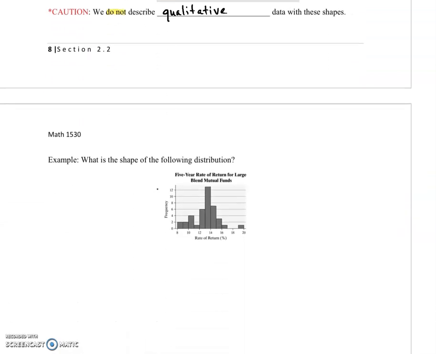Okay, so let's look at an example. What would you say the shape of this distribution is? Well, if we look at it, it has a peak, and the peak is pretty much in the middle.